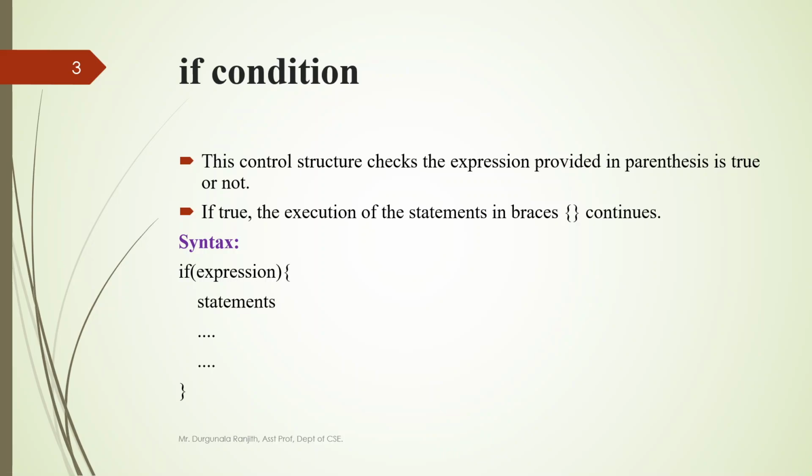Let's get into the first one, the if condition. This control statement is used to check the expression provided in the parenthesis brackets. When you observe the syntax, it is the same as the if statement syntax in C programming. You give the keyword if, and within the parenthesis brackets you give the expression, and the braces represent the scope of that if statement.